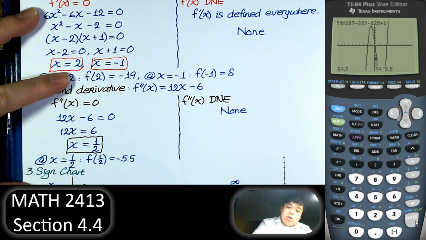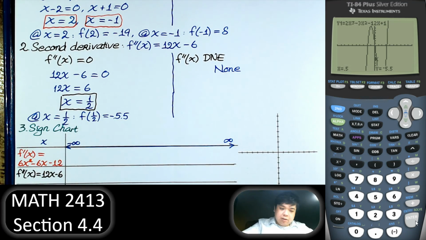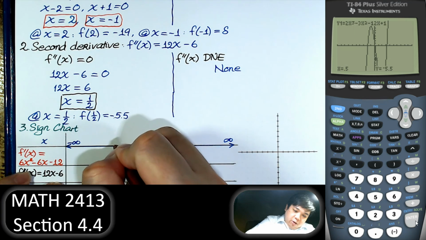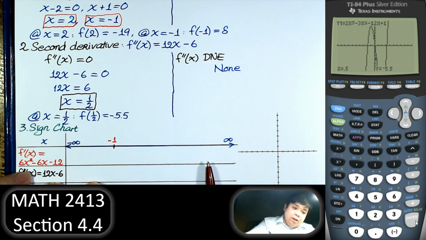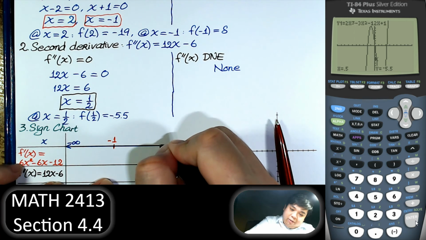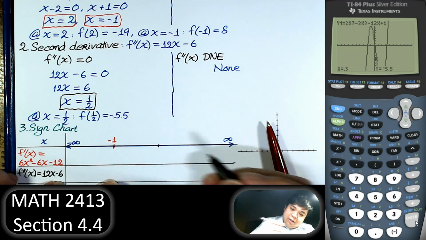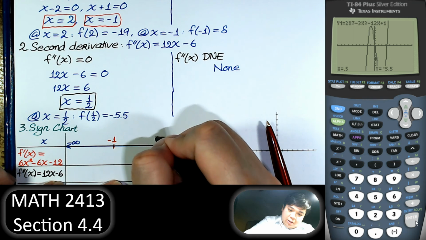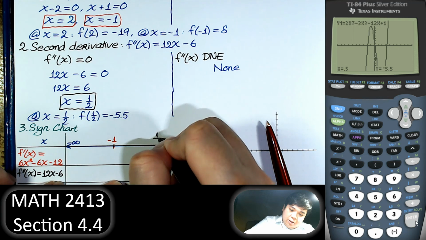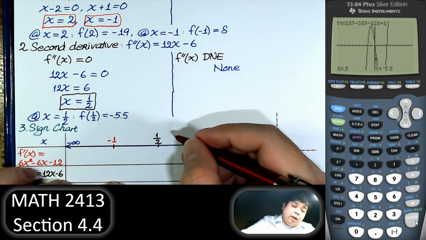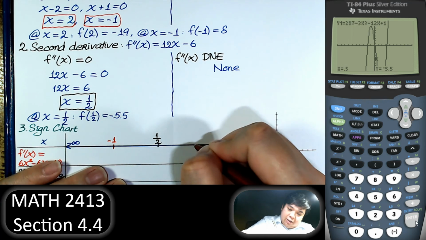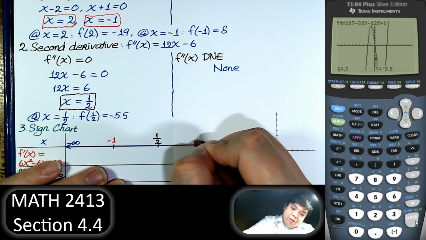So I'm going to put those 3 points in here: negative 1, 1/2, and then 2.